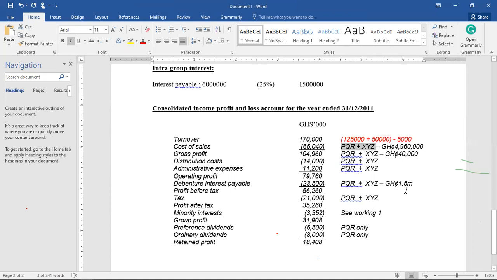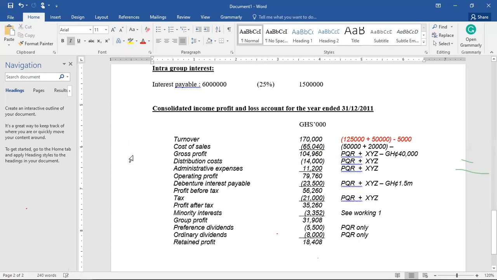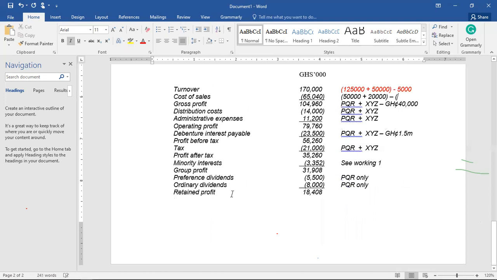To get the cost of sales, you have the 50,000 plus 20,000, bracket close, minus the cost of sales.